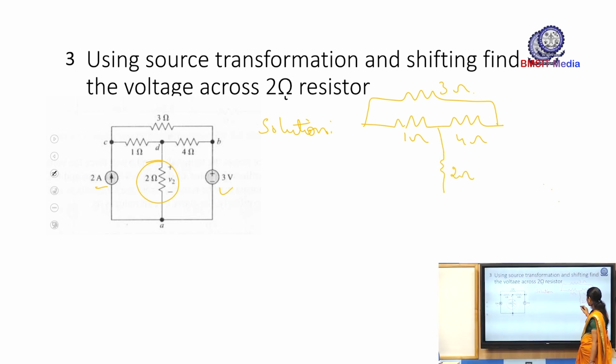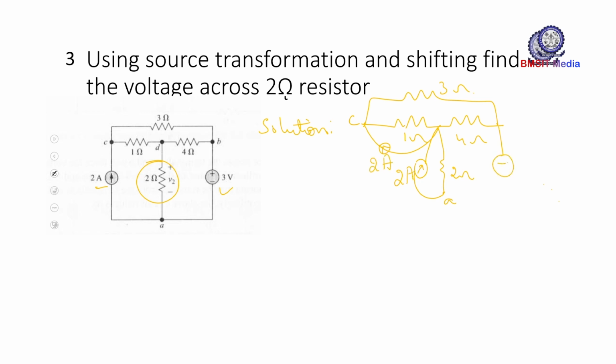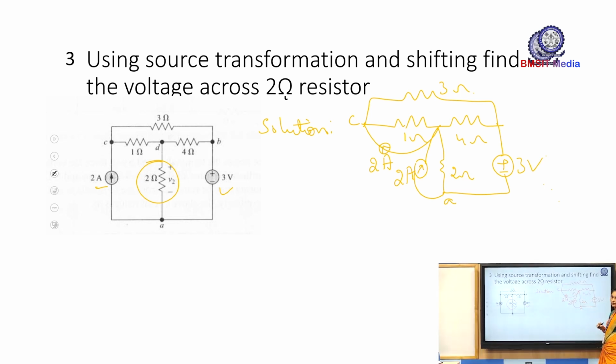Okay, so we'll start from A, then to C. The value of the current will remain the same. So after applying the source shifting, you can apply the source transformation.